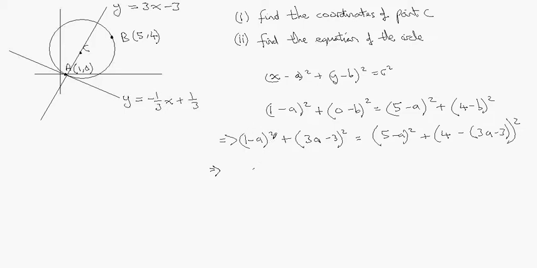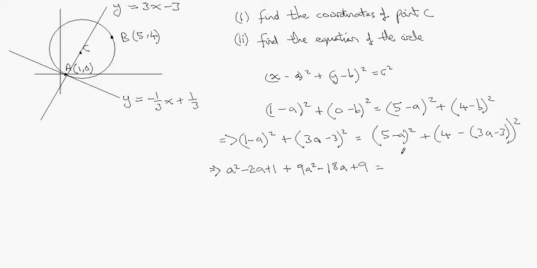So here we have (1 minus a) all squared, which expands to give a squared minus 2a plus 1. Then we have, again, to expand two terms squared: first term squared, so (3a) all squared is 9a squared, plus twice the product, so 2 times minus 3 is minus 6, times 3a is minus 18a, plus (minus 3) all squared, this gives us plus 9.